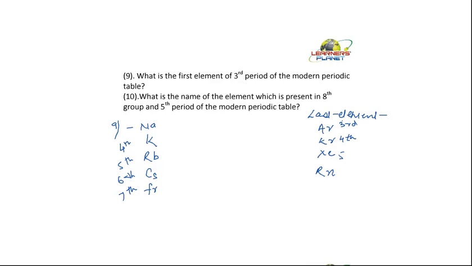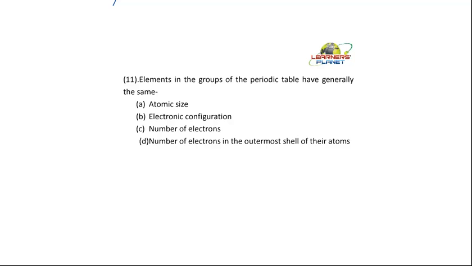This is the 3rd period, this is the 4th period, and this is the 5th one. This is the 6th one. So which is the element in the fifth period of the periodic table? It is xenon. So the answer to the 10th question is xenon, right?